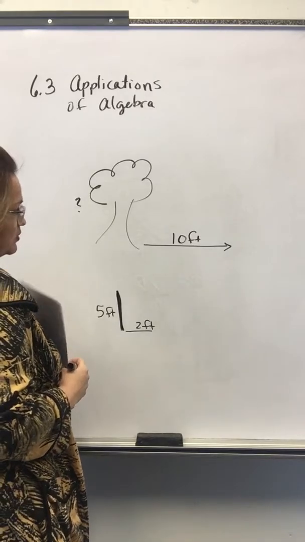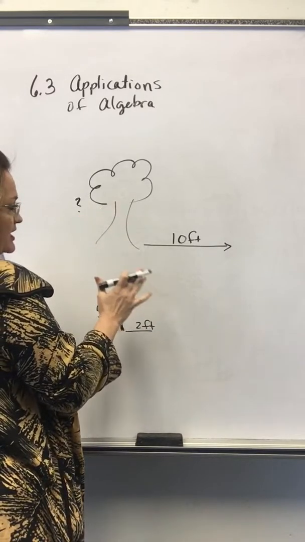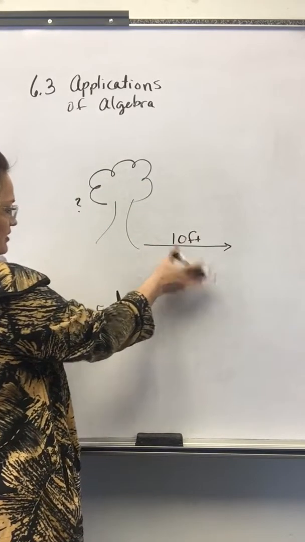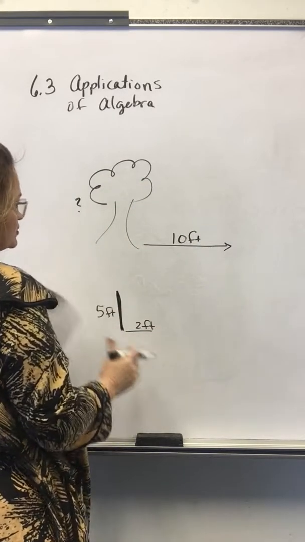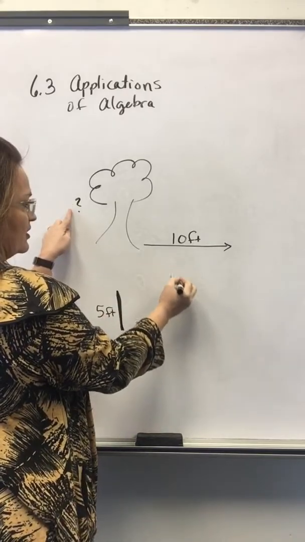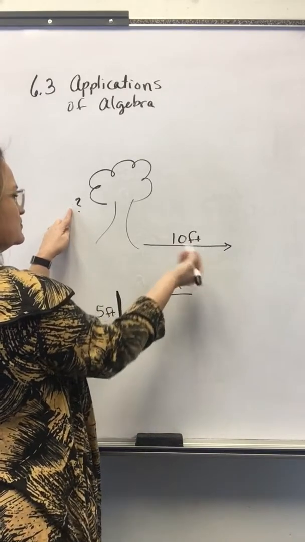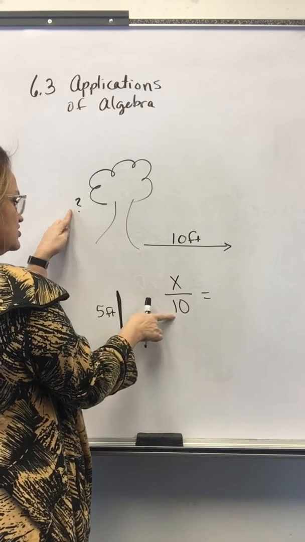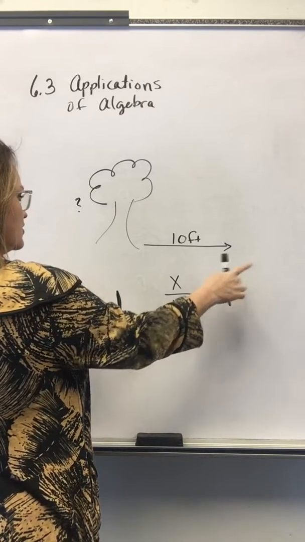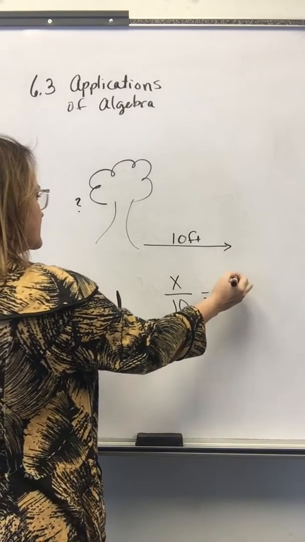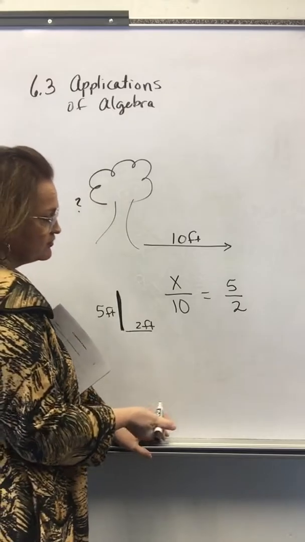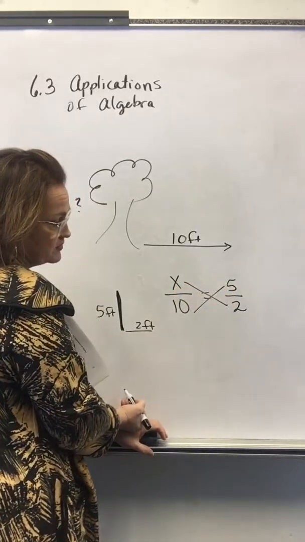So it should be proportional, and you can do it in different ways if you're, again, questioning that. But my way, I would say the object to the shadow and the object to the shadow are proportional. So this is my unknown. I'll call that x, the height of the tree, and we'll just say we're measuring everything in feet. So the actual object to the shadow, here should be the actual object and then the shadow on the bottom. So 5, and then the shadow is 2. And that would let us then solve for the height of the tree by cross multiplying.